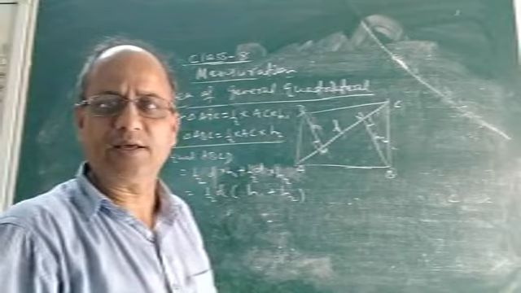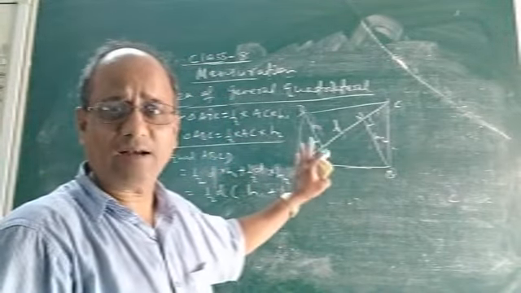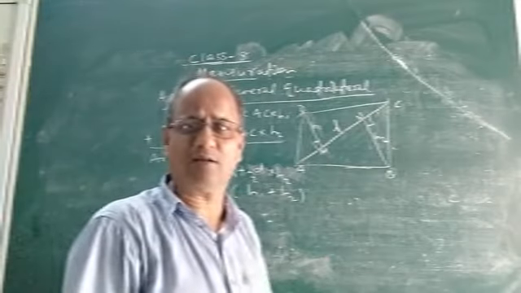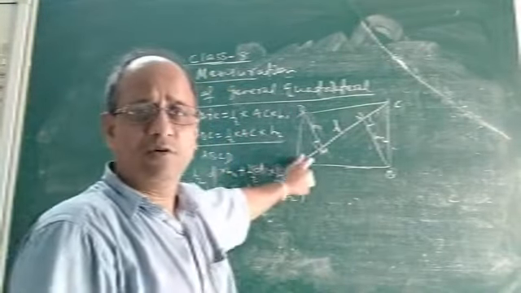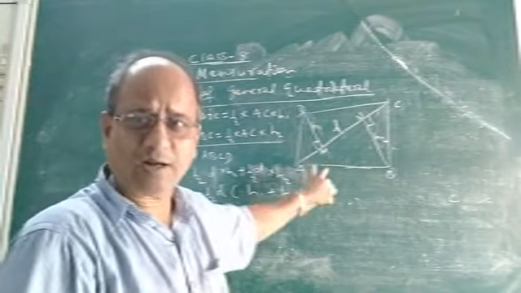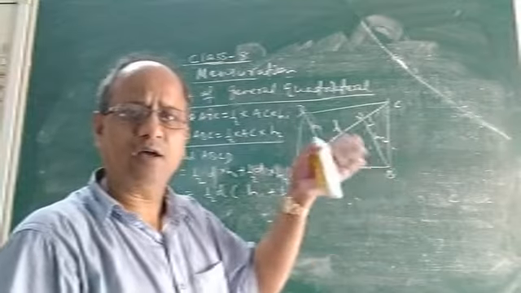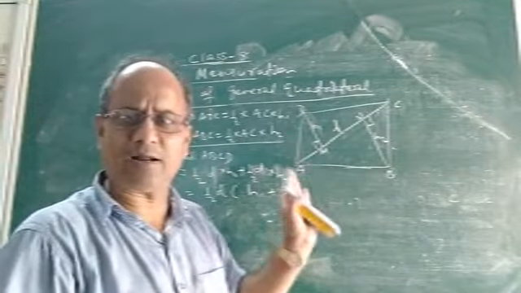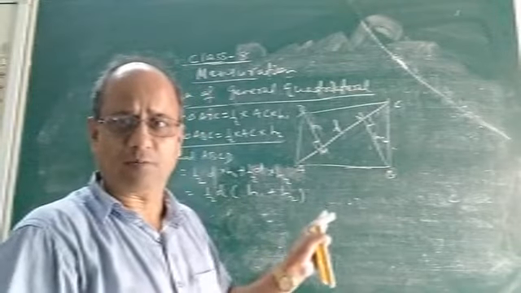This is the formula. In this way, I want to say that to find the area of any general quadrilateral, or even a polygon, we will discuss one question on a polygon also, we have to divide the quadrilateral or polygon into different plane figures: triangle, rectangle, trapezium, square, because we know their formulas.